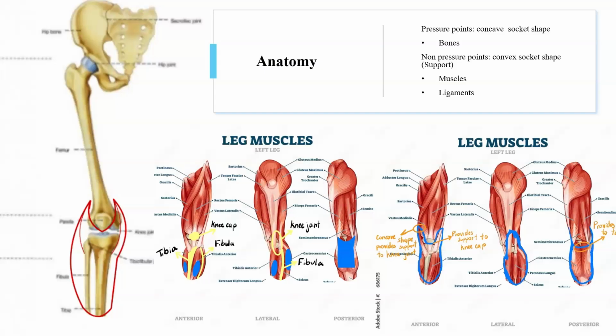And the blue here signifies, in this first image, where support is being placed. So this is usually where the convex shape of the socket is. And the yellow are the parts that need to be supported.